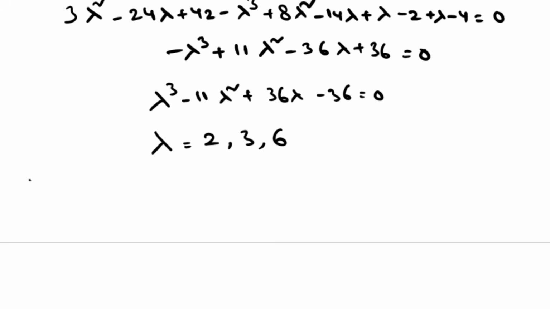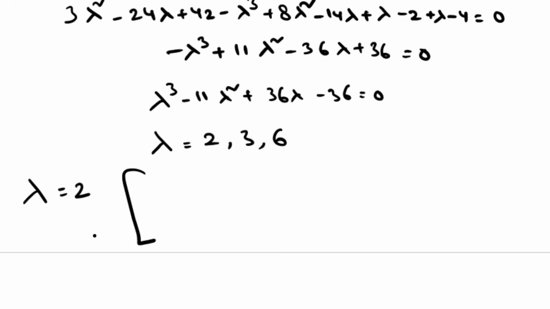Now for lambda equals 2, we can find the corresponding eigenvectors. Substituting in the characteristic matrix, you have 3 minus 2, minus 1, 1; minus 1, 5 minus 2, minus 1; 1, minus 1, 3 minus 2.